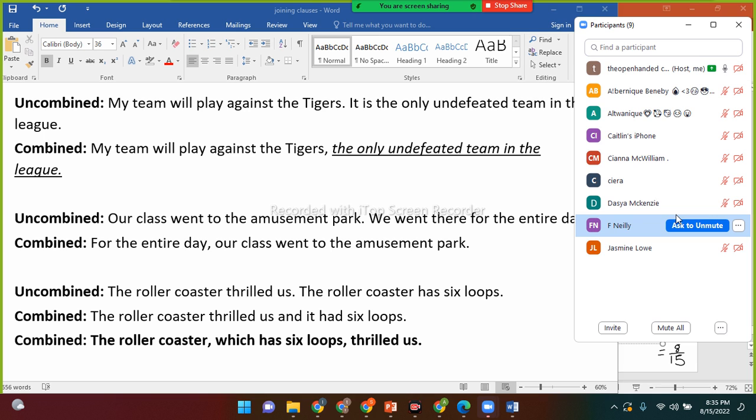Deja, you ready for your word? Your word is unanimous. Everyone. When I hear unanimous, I think of when the jury makes a unanimous decision, like it includes everyone.